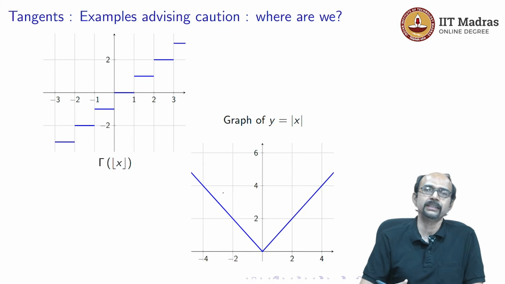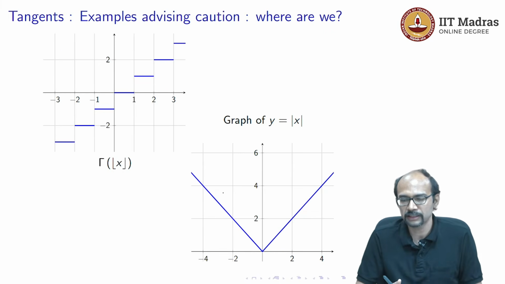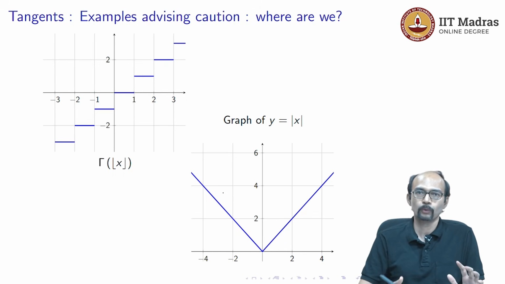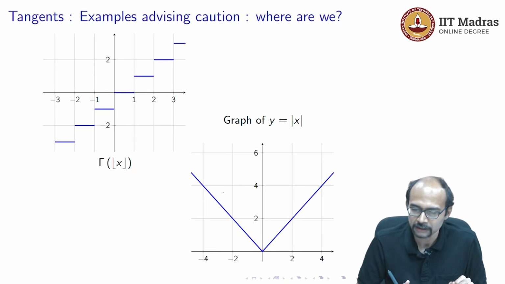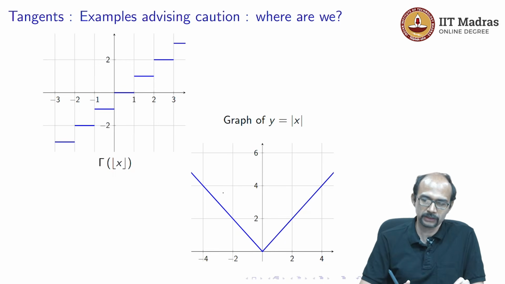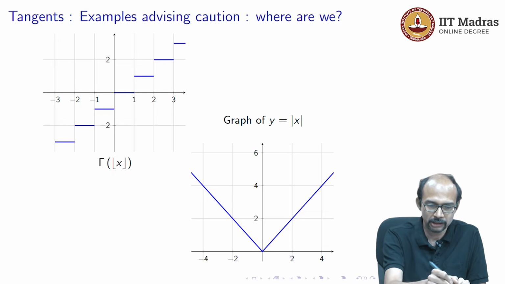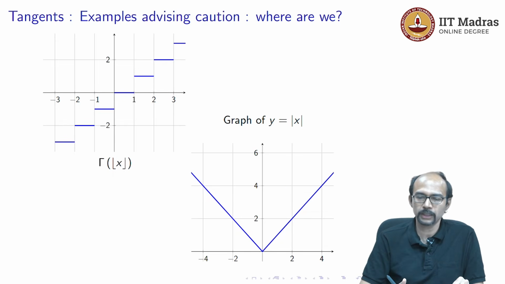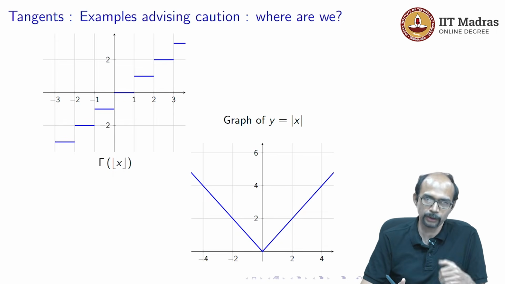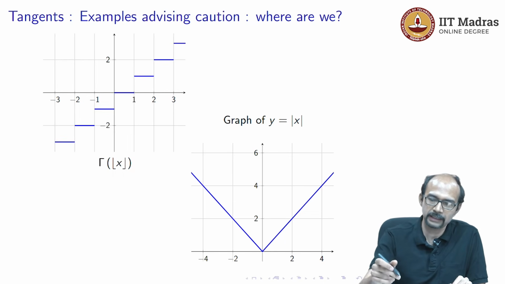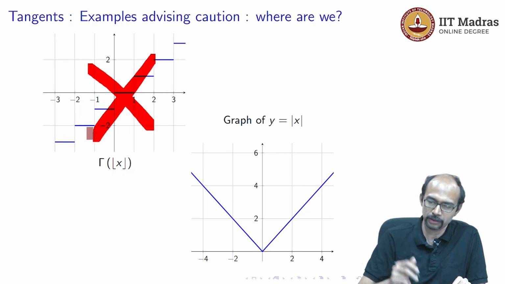So, before we end, let us look again at these examples. Why did we do all this? We were studying tangents and we came across these two examples which gave us some pause for thought. We saw in the previous videos that if we demand that our function is continuous before we start talking about tangents, then we can get rid of this example.